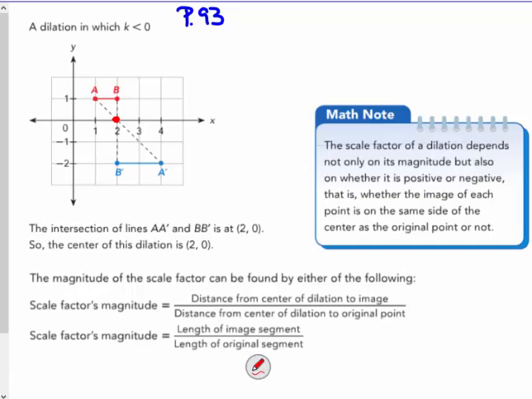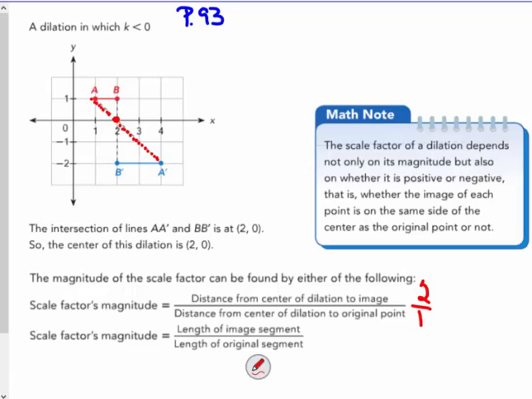So, for instance, 2, 0 down to 4, -2, this distance, which would be 2 units away, over the distance from the center of dilation to the original point, that's only 1. The other way you could do it is the length of the image's segment.